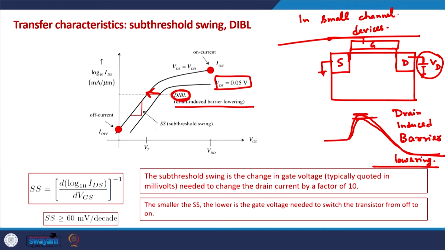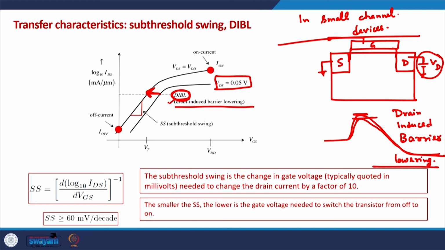We generally do not want this to appear in the channel, but because of DIBL, at high drain voltages the transfer IV characteristics are on the left side, and at low drain voltages they are on the right side. On the log scale, this DIBL is also properly visible in the subthreshold characteristics.